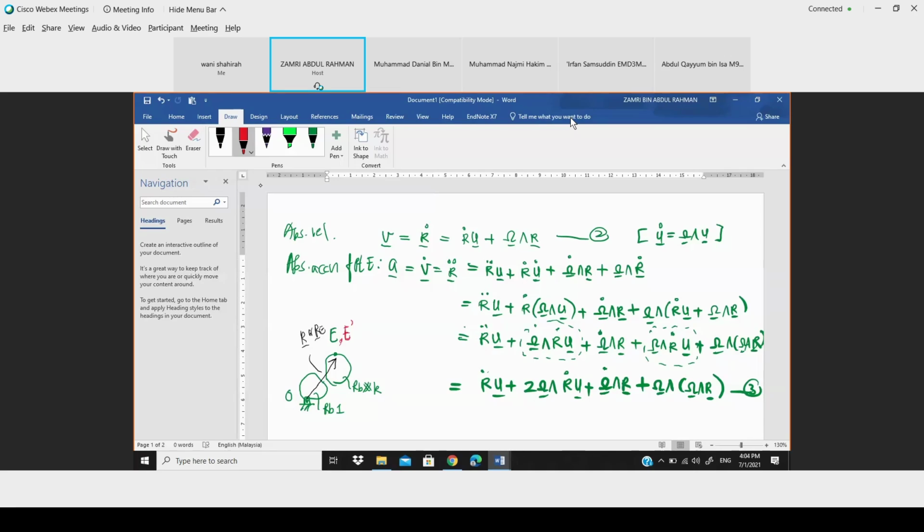This is the velocity of point E with respect to the rotating frame.